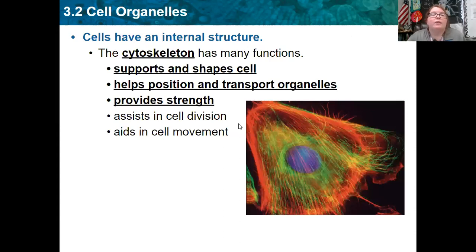Okay, so the cytoskeleton has many functions. Cyto means cell, and we know what a skeleton is. It's like the bones in your body. So cells have this kind of thing too. In the image here, they have used a fluorescent stain on the cytoskeleton of the cell. In biology, we can use special dyes that only attach to specific parts.